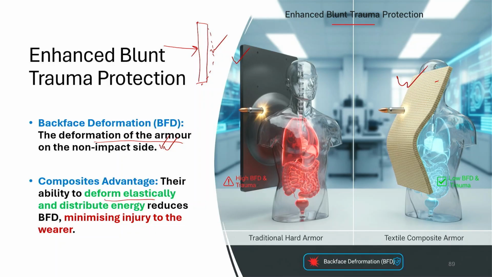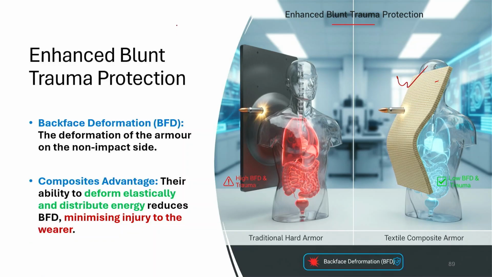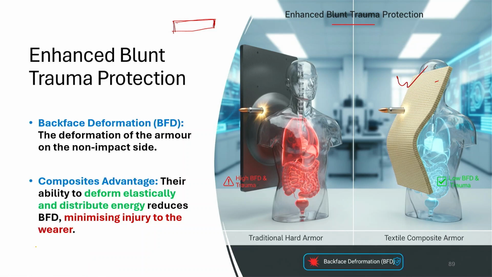Now, we should understand this concept very well. We can try to clarify this point. Suppose this is a metal ballistic material, and here we are putting, let me select another color, the backing material.